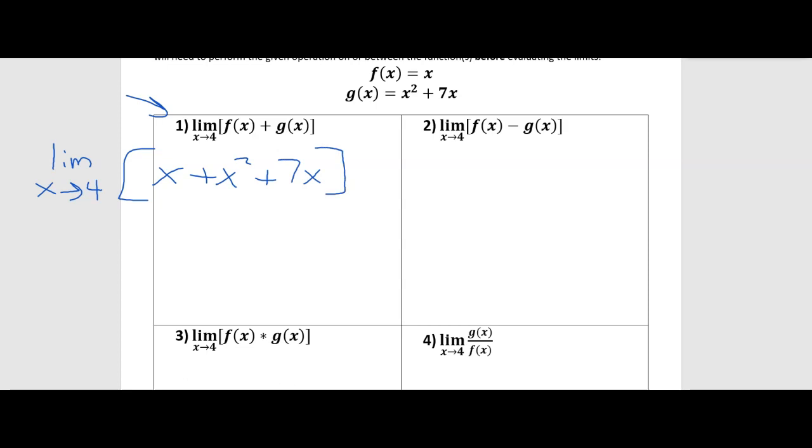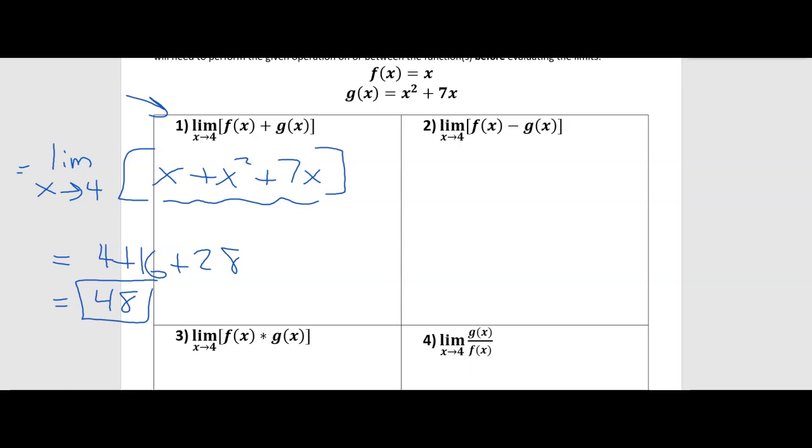Now, again, this function is continuous at x equals 4, so we can apply direct substitution. You could simplify what's inside here first. It doesn't matter, though. It's going to give you the same answer. So when I apply direct substitution, I'm going to get 4 plus 16 plus 28, and that is going to give me 48. Of course, I encourage you to double check the math on your own.